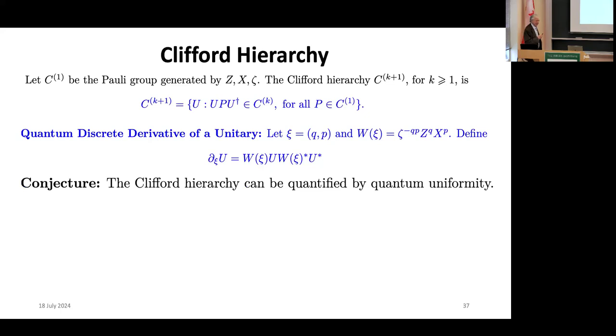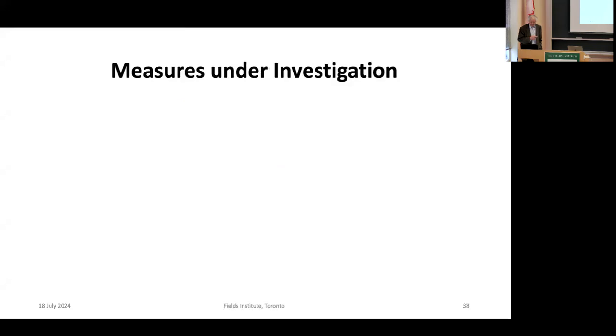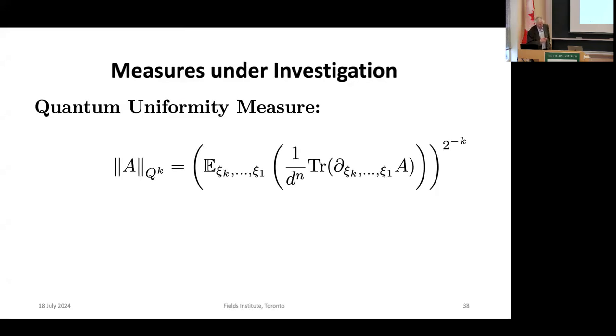And the conjecture is that the Clifford hierarchy is quantified by quantum uniformity. Now, what is uniformity? That's a quantum version of the uniformity norms, well, the uniformity measures. What we're investigating now, here is one measure. In the case of k equals 2 and 3, we know it's a norm. We don't know it's a norm for k greater than 3, but it's probably not necessary that it be a norm.